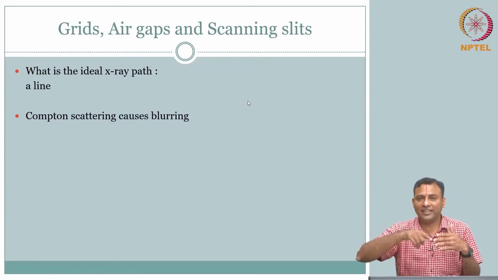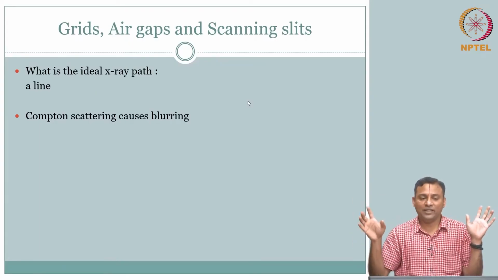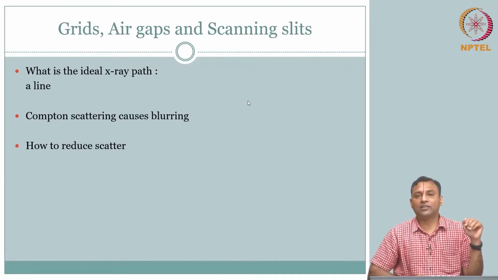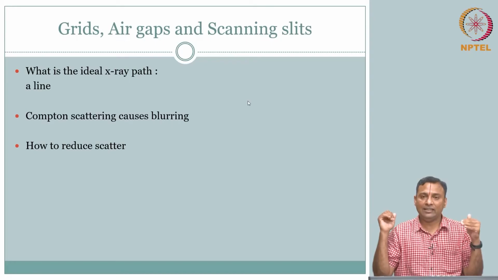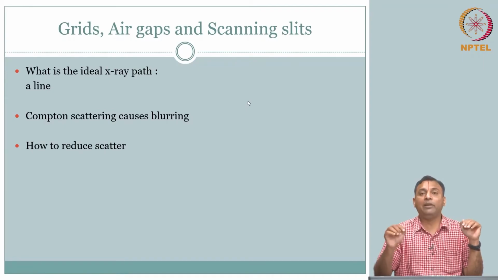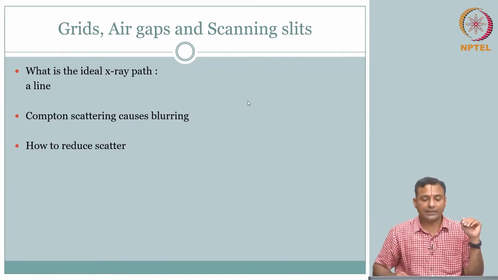Whoever is coming from the sides, I will not allow, right? That's what these grids or air gaps or scanning slits do: before we hit the detector, we minimize the photons that are coming through scattering. So how to reduce the scatter, that is the goal in this part.